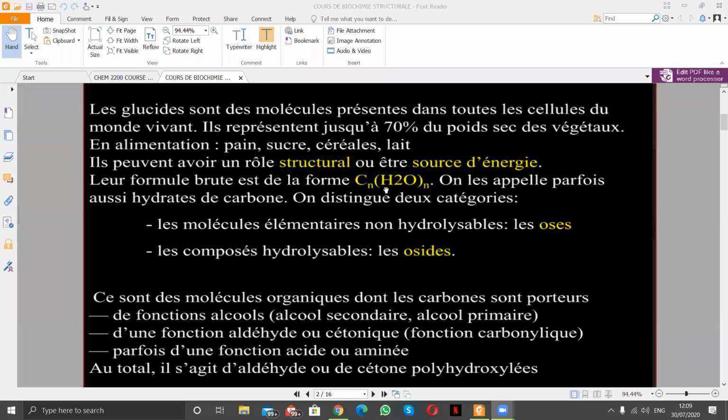Most of the carbohydrates usually have a hydrogen and oxygen ratio of 2:1. This is the ratio I'm talking about, 2:1. This is the empirical formula or the general formula of carbohydrates.